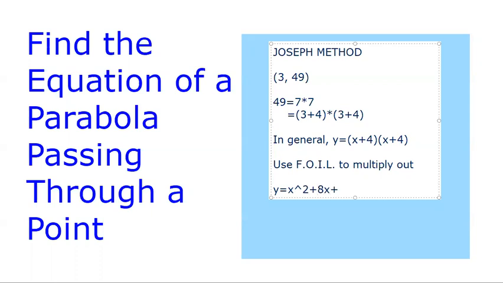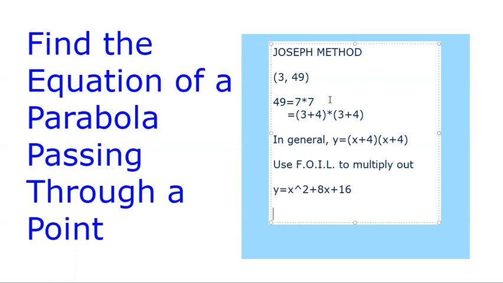And then I will put the 4 times 4, which is the last term, to give me 16. Okay, so that is my equation of the parabola passing through that point.